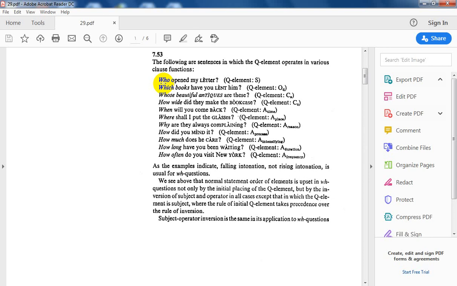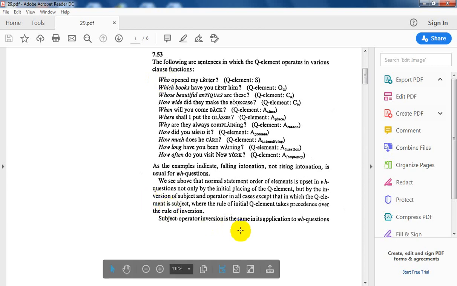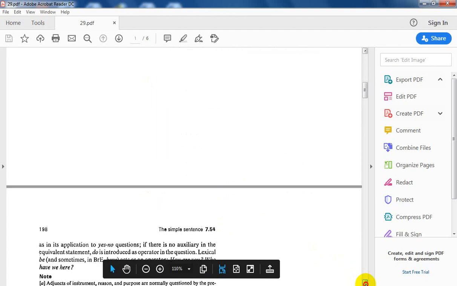So I have no inversion, there is no operator before the subject, as I just omit the subject, substituted by who.